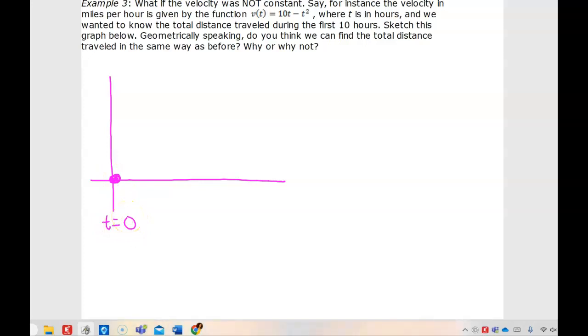We know at time 0, distance traveled is 0. We would want to know where we are at 10 hours. So 10 times 10 is 100, minus 10 squared. So at 10, we've reached our destination and are stopped again. That means the farthest I've traveled is going to happen at hour 5.